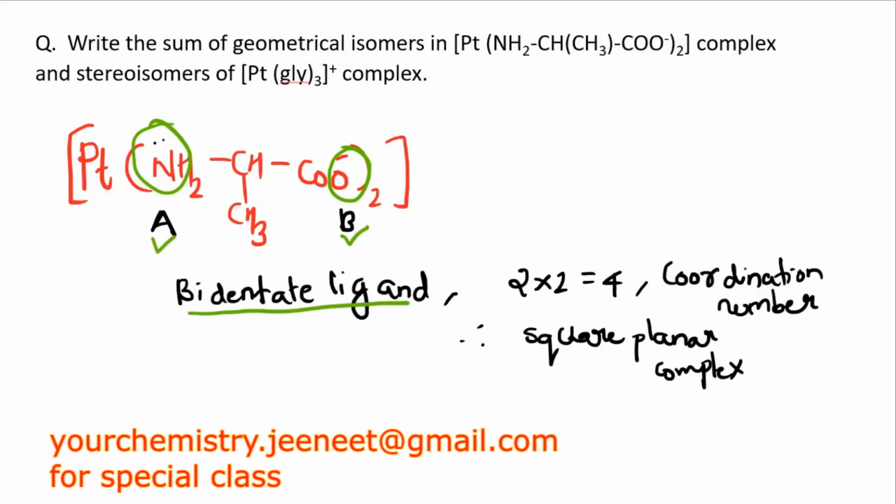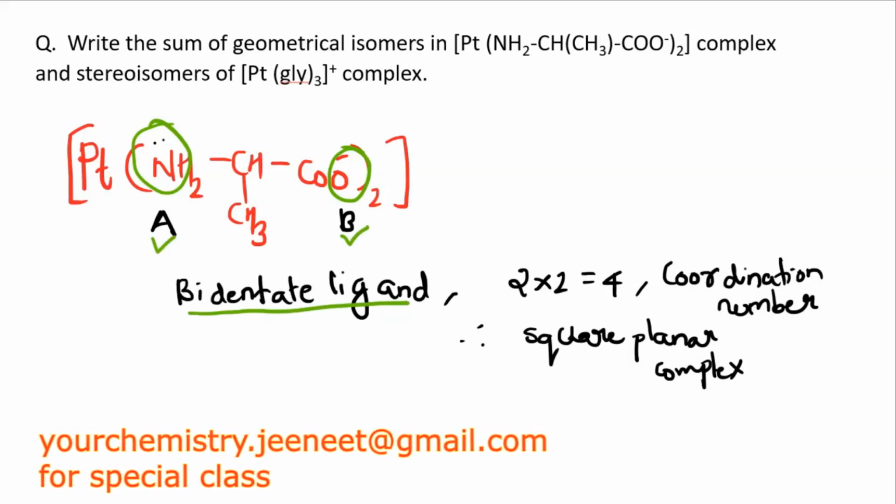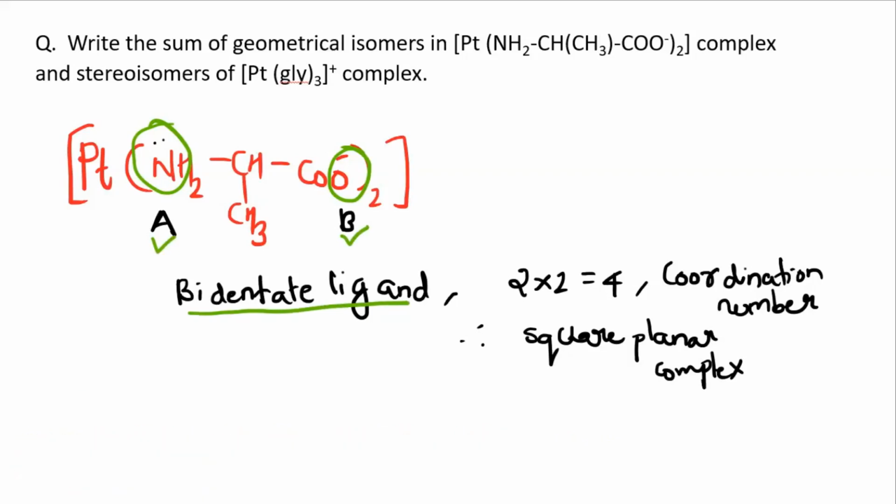Two ligands are there, so 4 is the total coordination number of this complex. Since platinum is in the 5d series, coordination number 4 means the geometry is square planar.